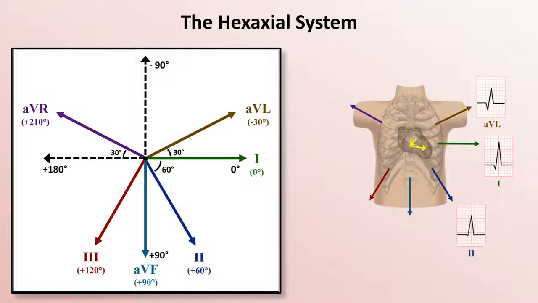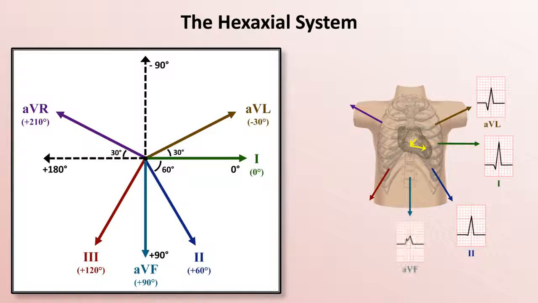When it comes to lead 2, the lead is nearly perpendicular to the first depolarization vector, therefore there is negligible initial deflection. The second depolarization vector makes a similar angle to lead 2 as it did with AVL. Therefore, the later positive deflection in lead 2 is similar in amplitude to that in AVL.